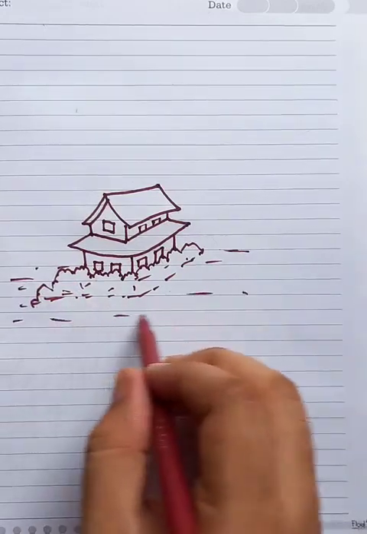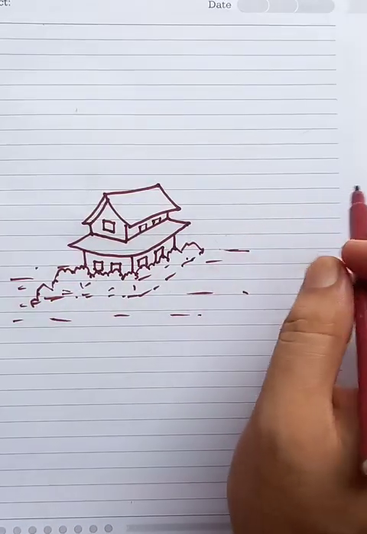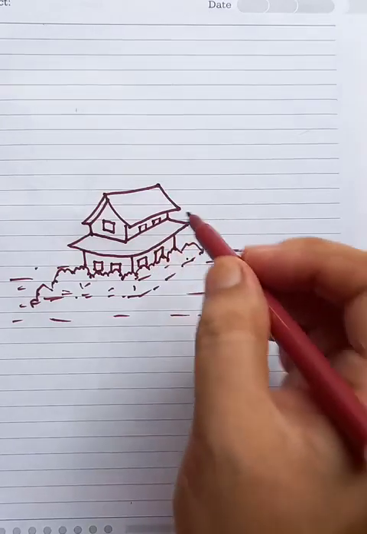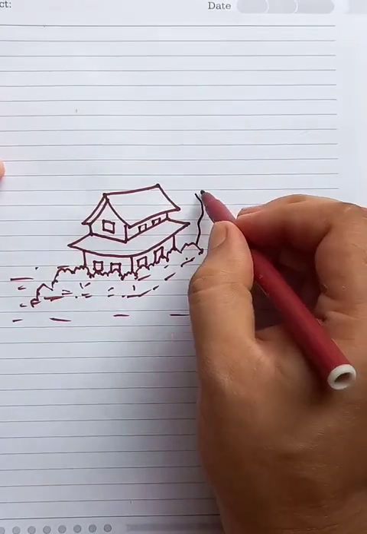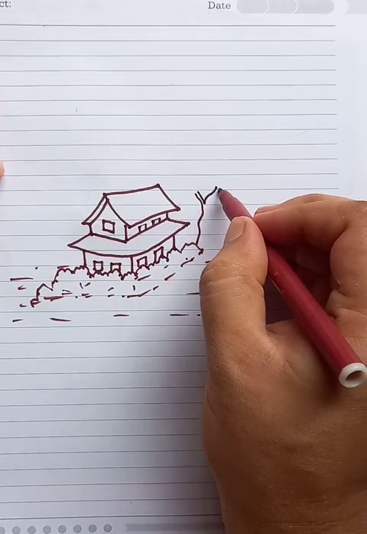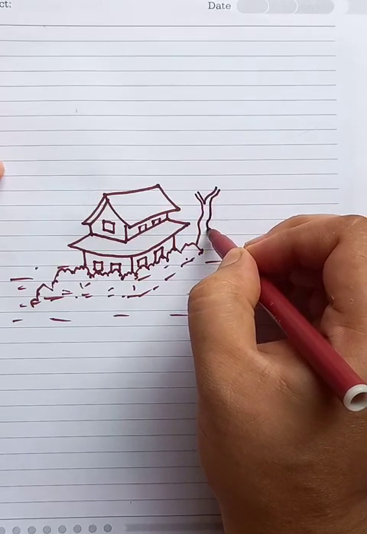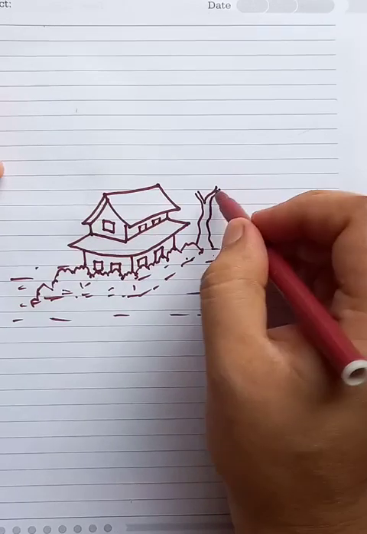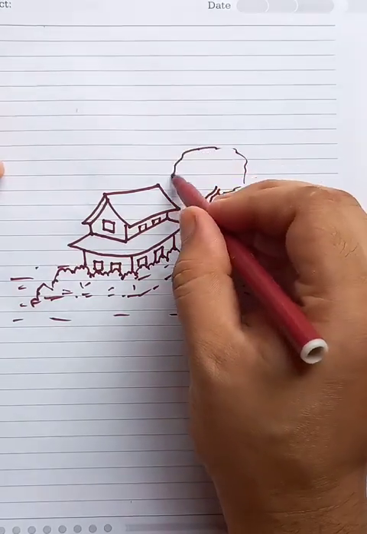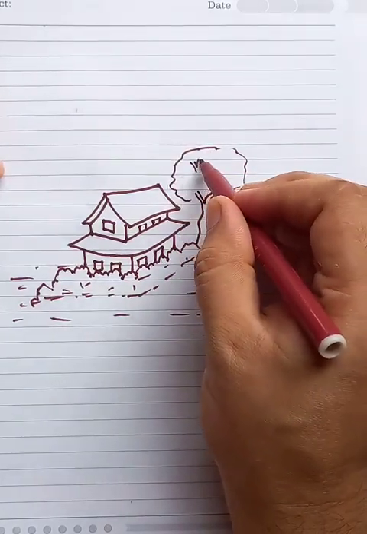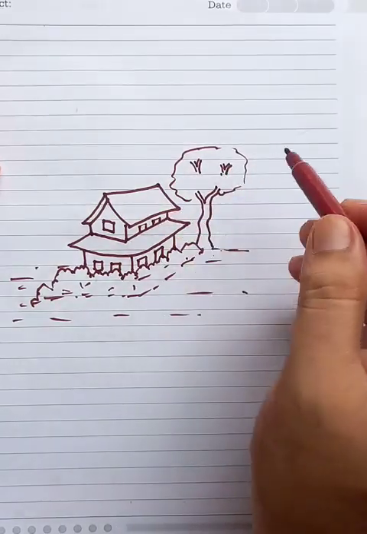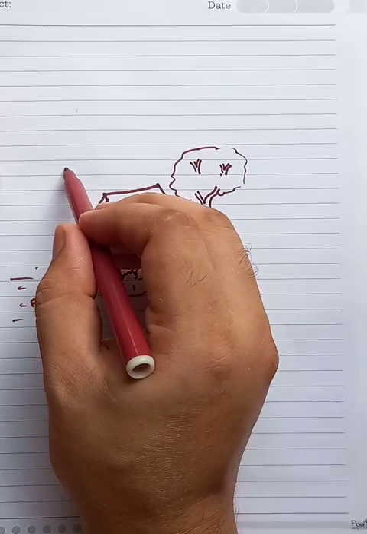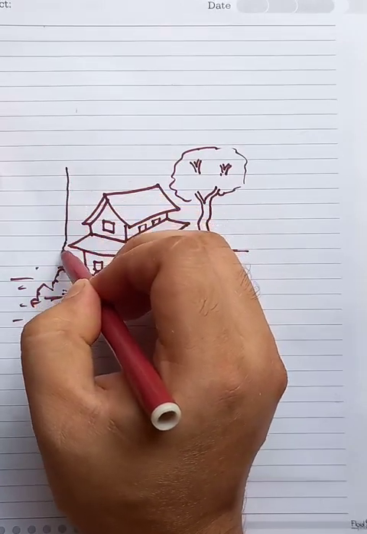This is the house, and most probably we are going to put a tree on the side of the house just to show that this is a very natural environment. So trees are something like an organic shape, very simple tree, and we're putting the letter Y shape on the top and another tree on this side too.